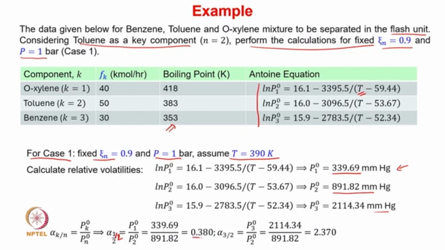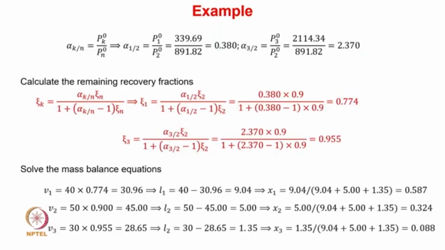That comes out to be 0.380. Similarly, the relative volatility of the third component with respect to the key component 2, alpha 32, is obtained as 2.370. These are just the ratios of the vapor pressures obtained using the Antoine equation. So clearly the relative volatility of component 2 with respect to 2 will be 1, isn't it?